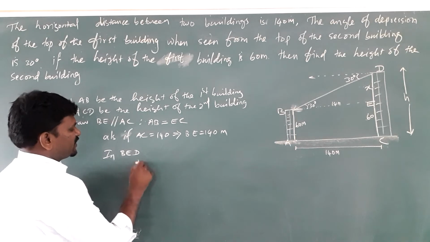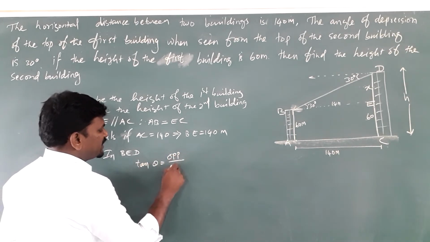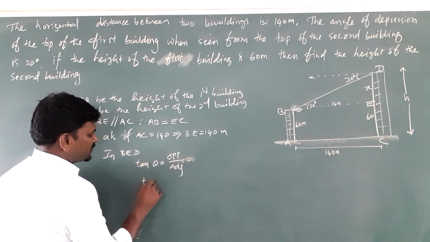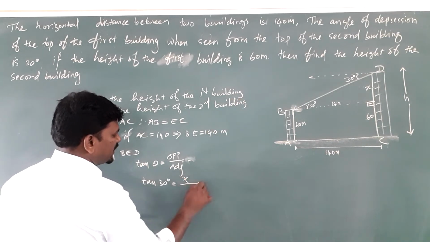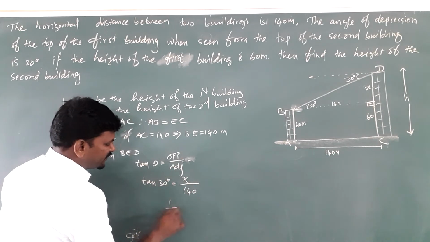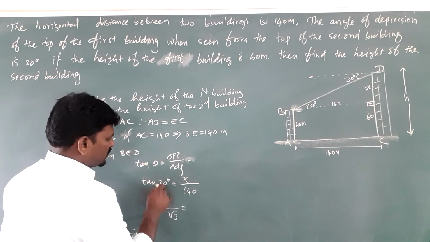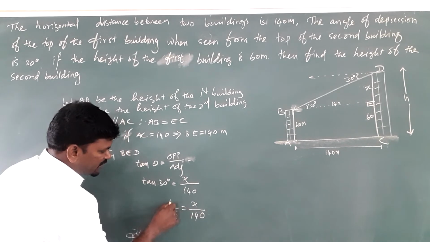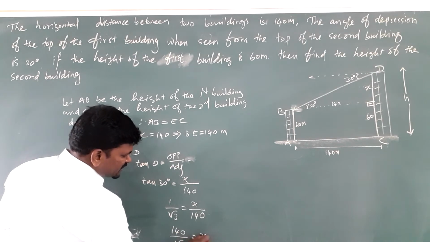Tan theta is equal to opposite side by adjacent side. So tan 30 degrees is equal to opposite side x by adjacent side 140. Tan 30 is 1 by root 3, so 1 by root 3 is equal to x by 140. So 1 into 140, 140 by root 3 is equal to x.